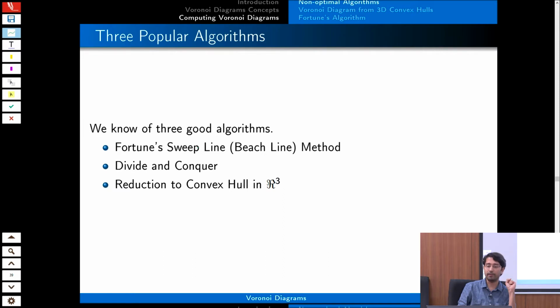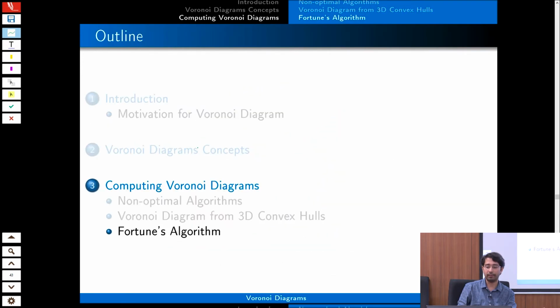I will cover Fortune's sweep line algorithm, and I will give you some idea of how to connect a Voronoi diagram with a convex hull in 3D. But for the time being let us directly go to Fortune's sweep line method.